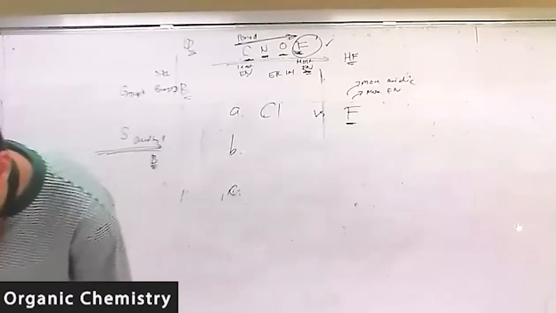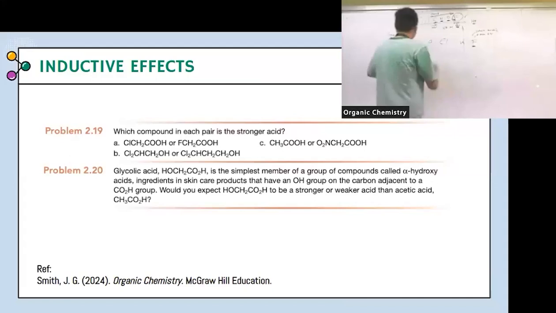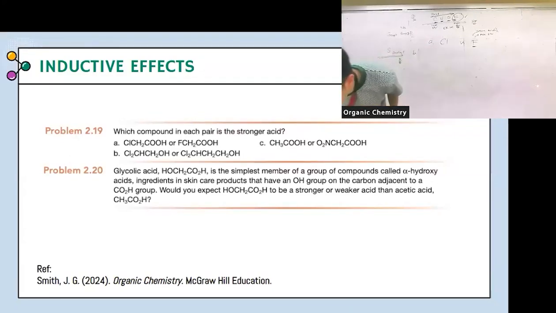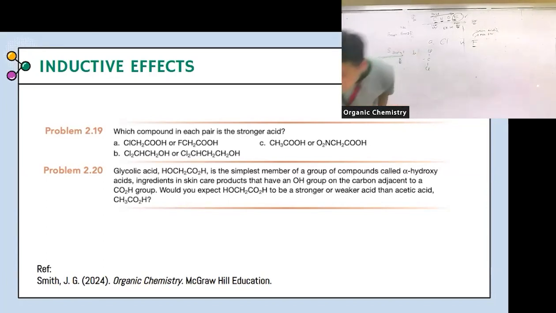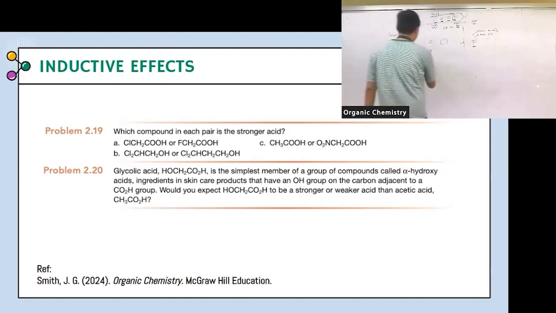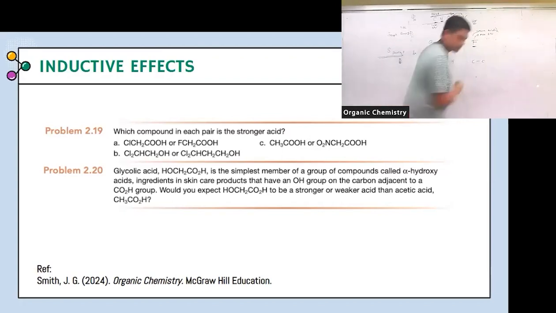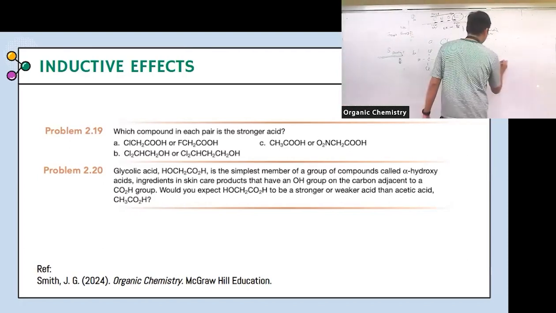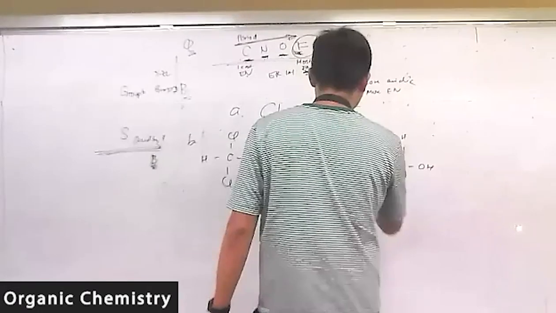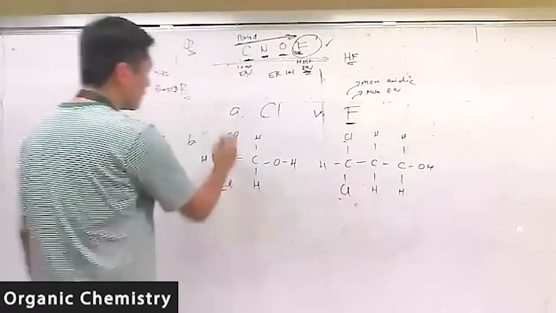For the second one, for B, I think we have to draw this. So B is Cl2CH, CH2OH, and CH2OH. Dito naman, it's 1, 2, 3. OH, H, Cl, H. Okay, so here, we see that they have the same electronegative atom, they have the same number.